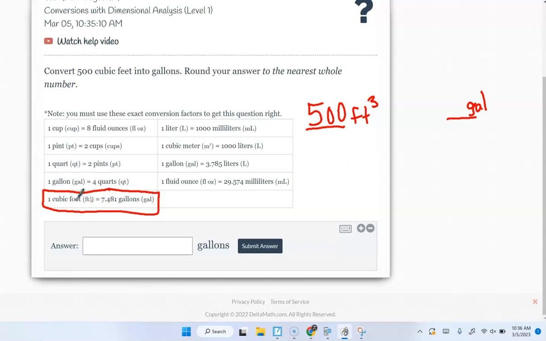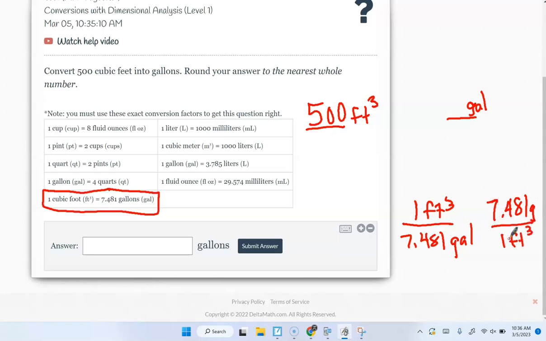There's two ways you can write this comparison. You could write it like this, 1 cubic foot over 7.481 gallons. Or you could write it the reverse, 7.481 gallons is 1 cubic foot.